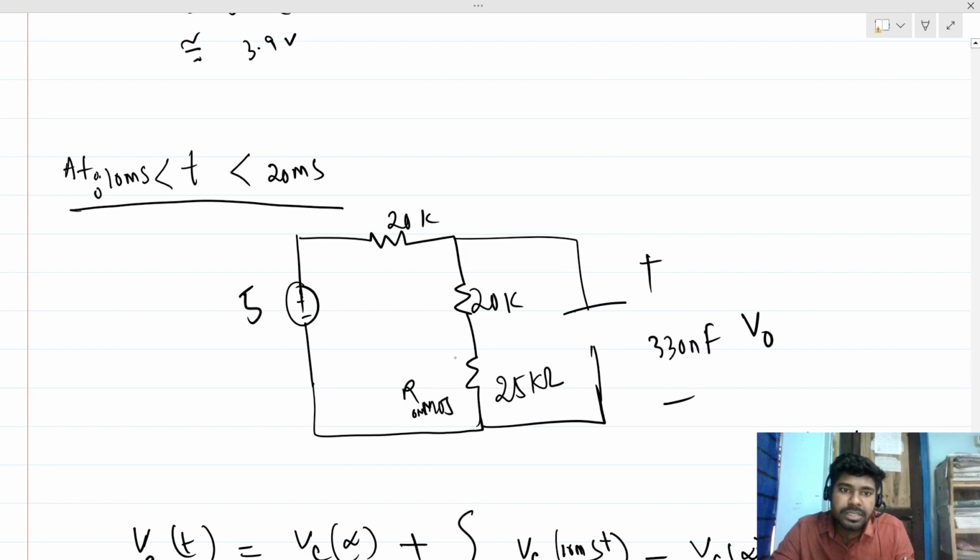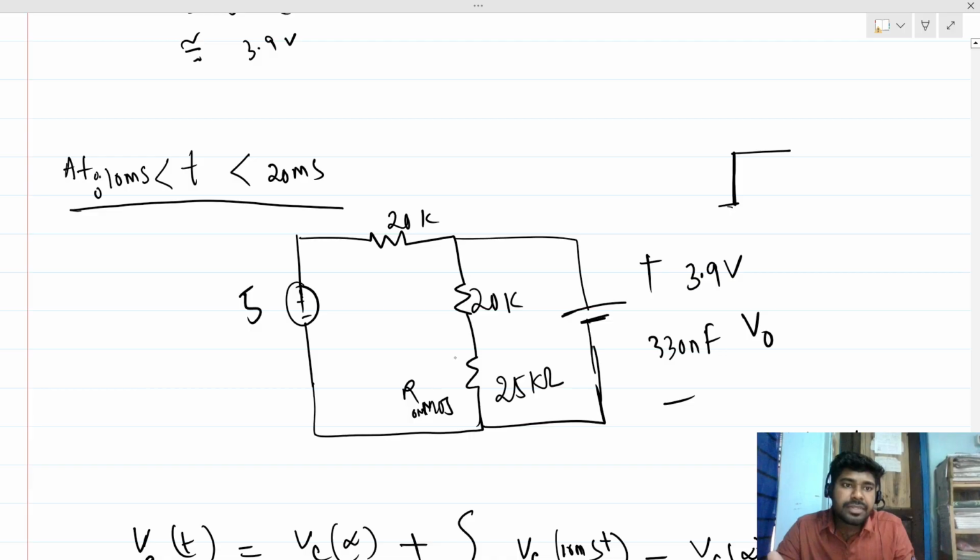The capacitor is a short circuit, but the initial voltage was 3.9 volt. At the instant when the switch rises from 0 to 5 volt, the circuit feels like that. The capacitor will act as a voltage source of initial condition 3.9 volt.